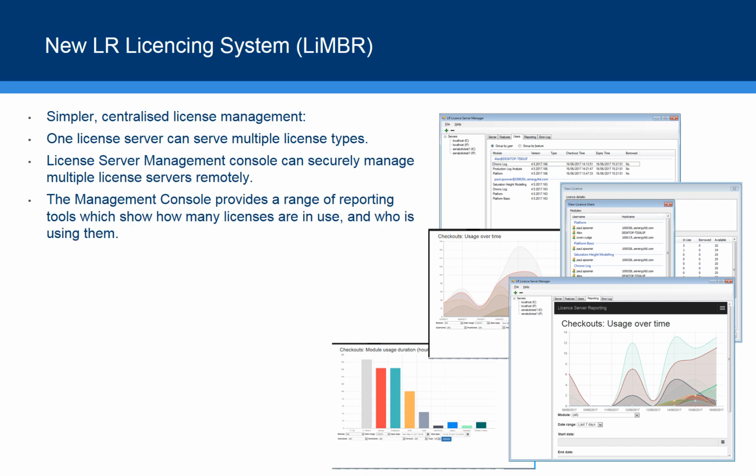LIMBR allows for simpler centralized license management. One license server can serve multiple license types, for example, both IP and IC licenses. The license server management console can securely manage multiple license servers remotely. The management console also provides a range of reporting tools which show how many licenses are in use and who is using them.